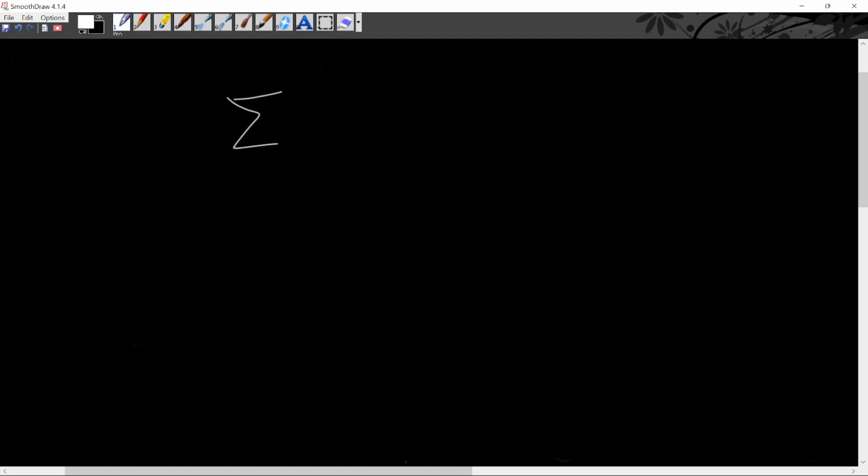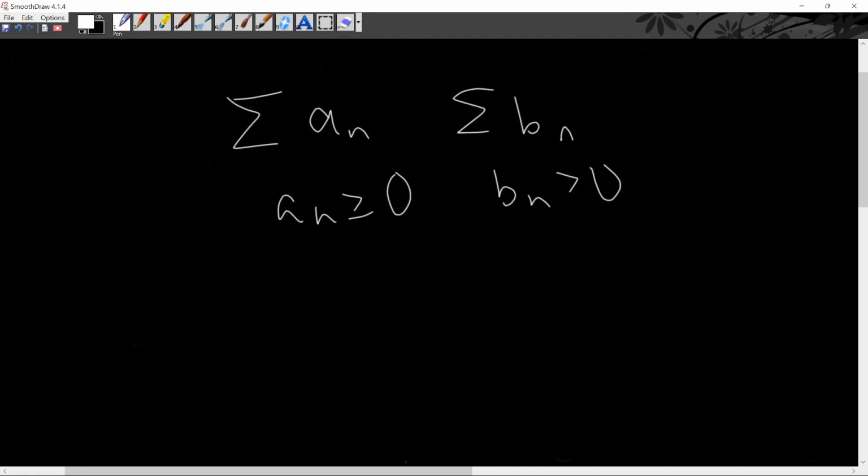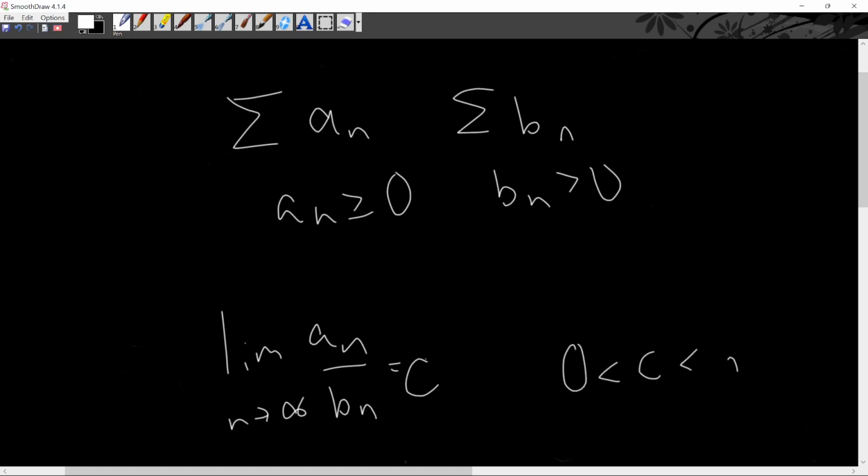If you have a series of a sub n and a series of b sub n, where a sub n is greater than or equal to 0 and b sub n is always greater than 0 for all n, then if the limit as n approaches infinity of a sub n over b sub n is equal to c, with c being a value between 0 and infinity, so just a positive finite value, then either both converge or both diverge.